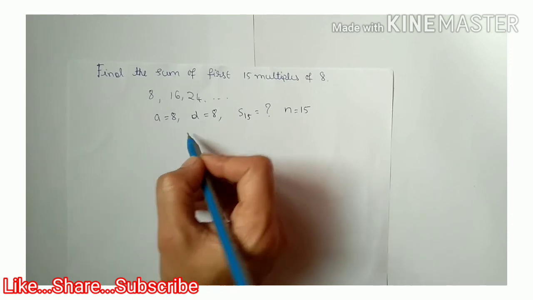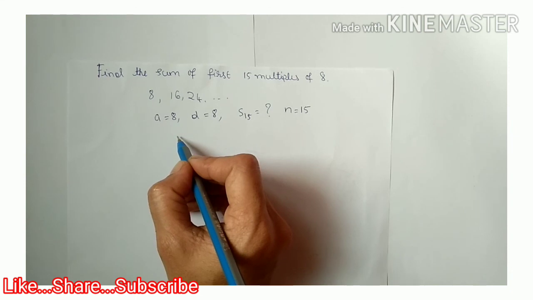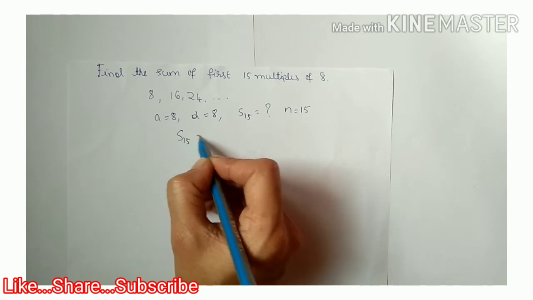We know the relation Sn is equal to n by 2 into (2a plus (n minus 1) into d).